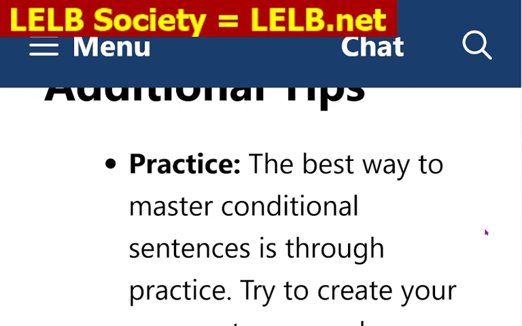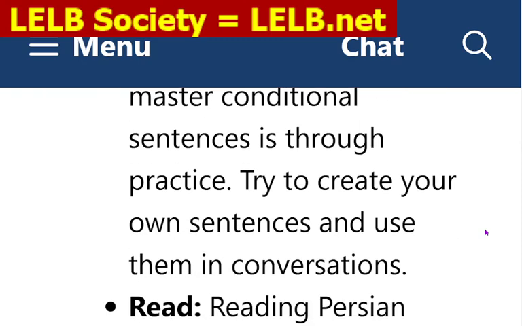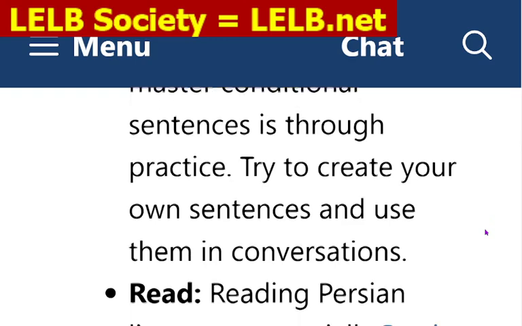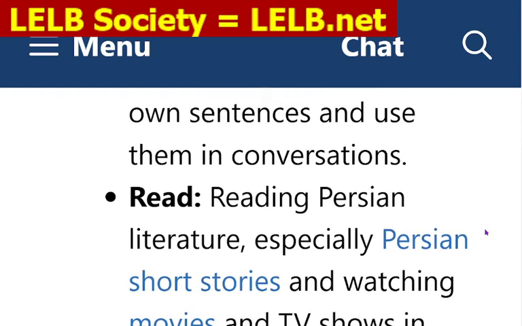Additional tips. Practice. The best way to master conditional sentences is through practice, because actually you cannot just learn it theoretically. You could use your knowledge in practice. Try to create your own sentences and use them in conversation. For example, you can leave comments and make sentences as comments, or become active in our forums at the LELB Society.